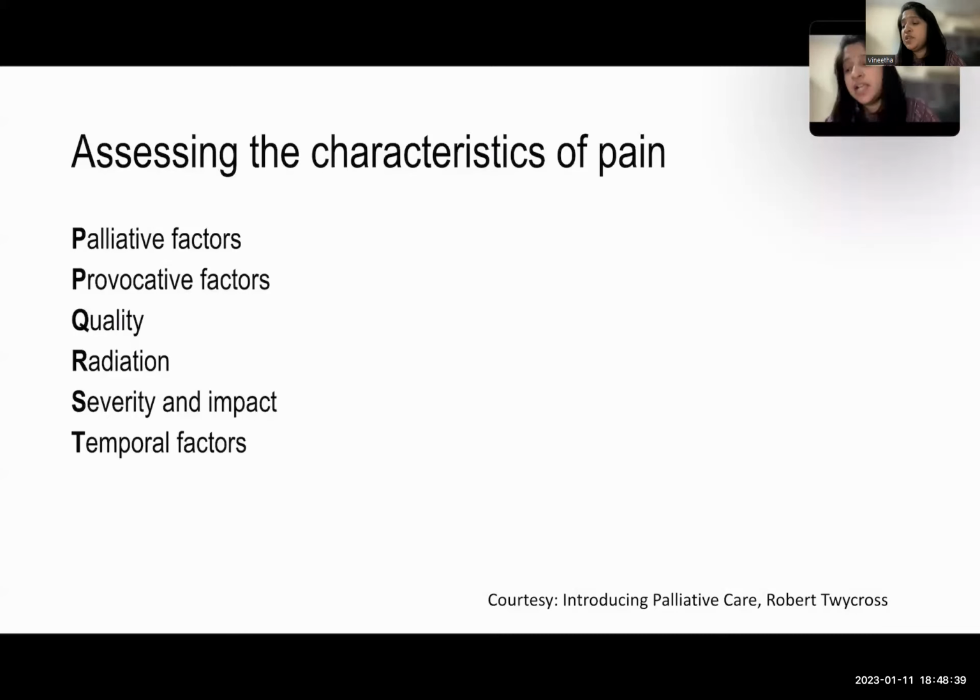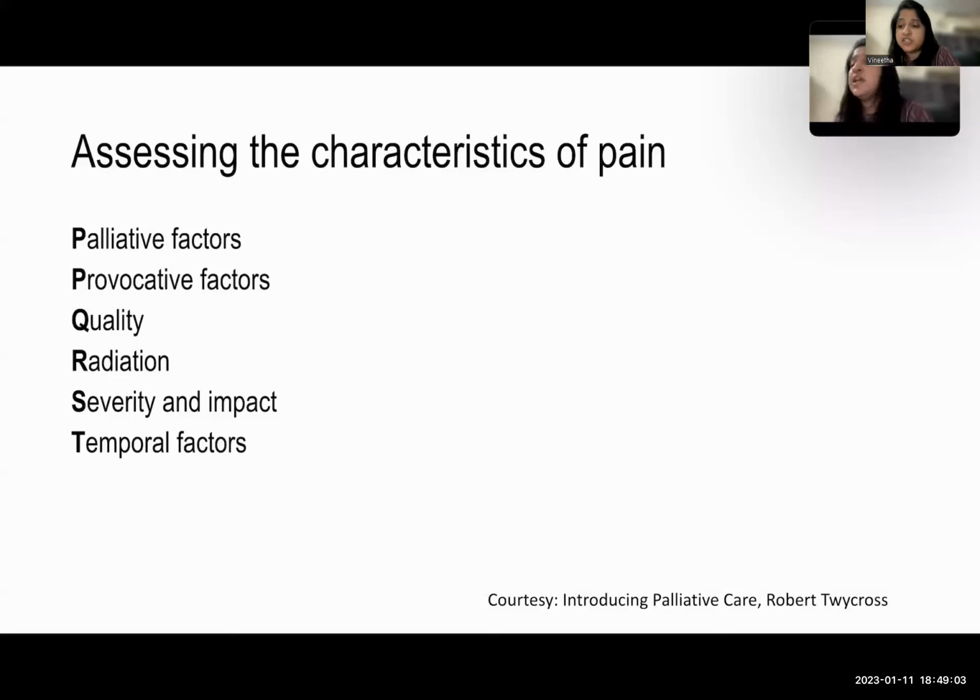Again, I knew a patient who was given morphine and scaled up morphine for her pain, which was completely a neuropathic pain, a radicular pain in the lower limb due to a spinal mets compressing the nerve root. But she was given morphine and scaled up morphine. Irrespective of that, the patient was telling the physician that I'm not getting any benefit, I'm getting only adverse effects, constipation, sedation.